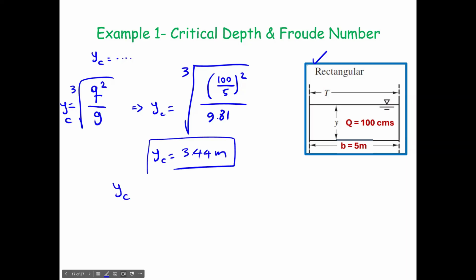YC is more than Y normal, because this one was 2.31. Based on this, do you think the flow is subcritical or supercritical? Subcritical? Yeah, that's what you think? Okay.